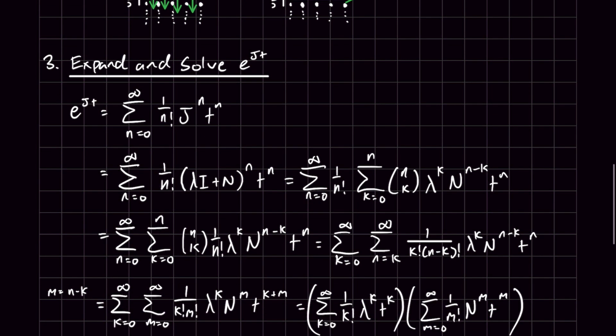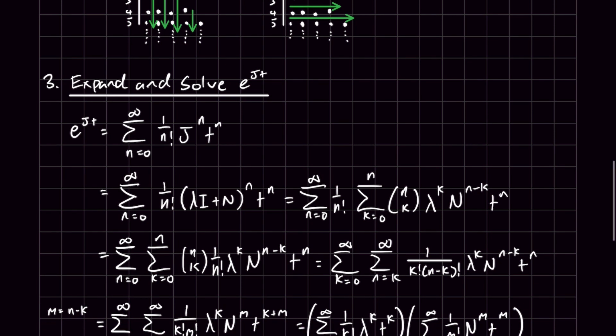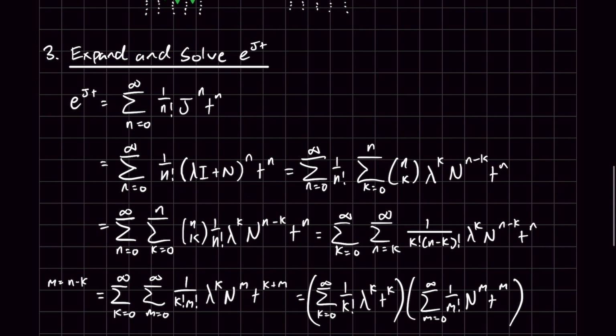And after that, we want to make this actually solvable, or break this down into something we can figure out. Over here, we notice that j is lambda I plus n, so we can substitute this in, and we get something here.